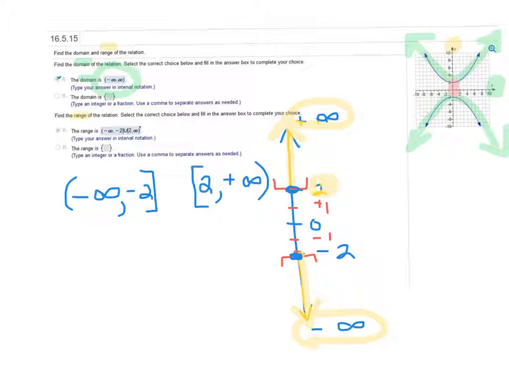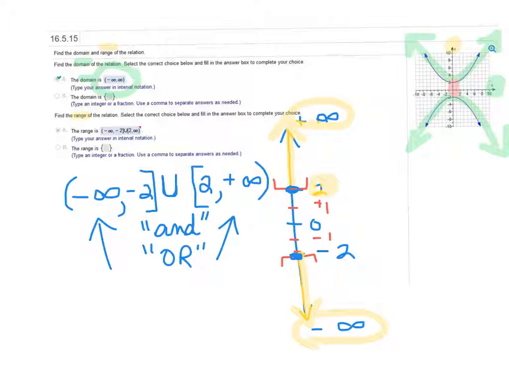And since it's either this interval or that interval, then the way that we say that in set notation is with the symbol U, which is set notation for the word or. You can also say that it's and or. But it's just to indicate that these two pieces are joined for the range.